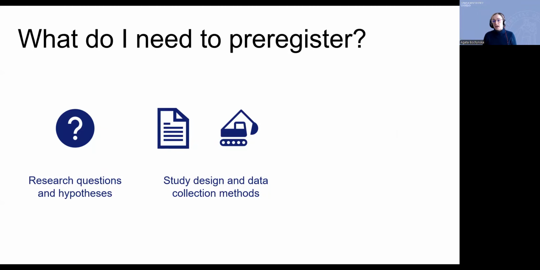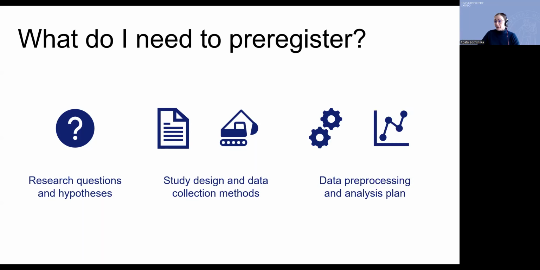Then the study design and any data collection methods. If you're sourcing data from existing sources, you're still collecting data in a way, getting it from a registry or other data repositories. And then finally, data pre-processing and the analysis plan.